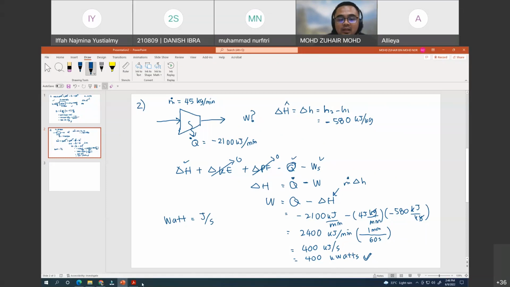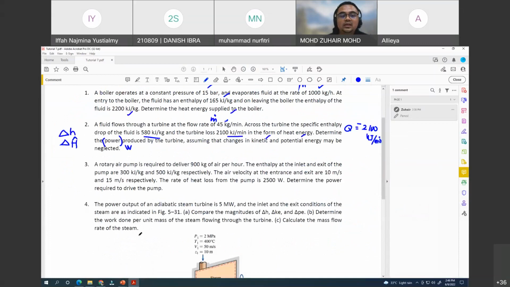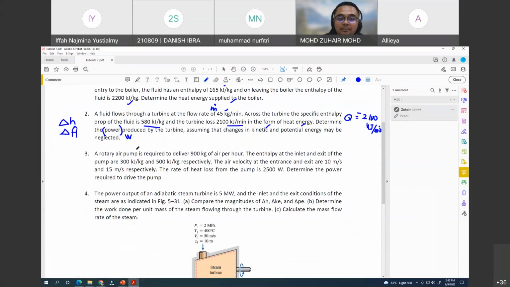So that's question 2. Now we are going to do question 3. A rotary air pump is required to deliver 900 kg of air per hour. This 900 kg per hour is the m dot. The enthalpy at the inlet and the exit of the pump are 300 and 500 kilojoule respectively.